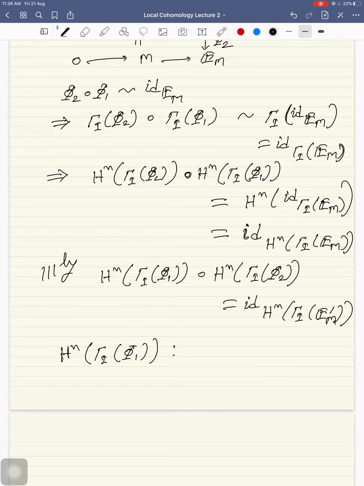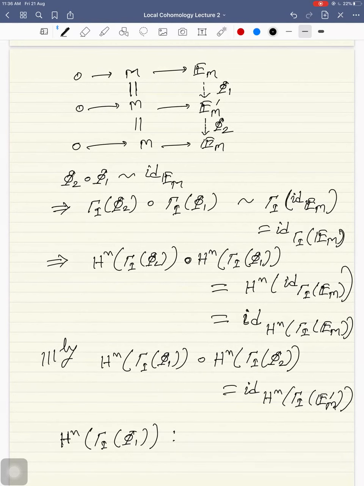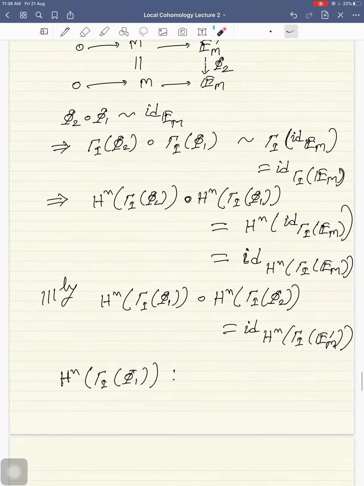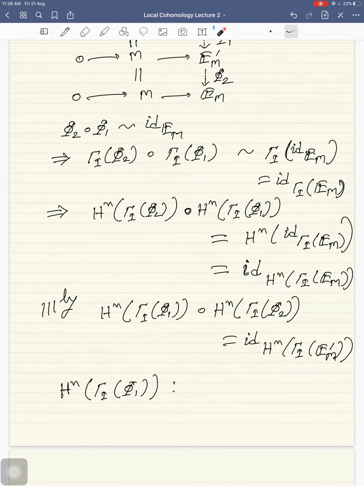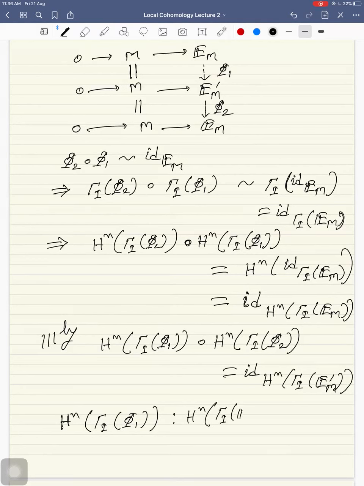Phi1 is just the map here, so you are just considering this portion and applying that. So this is a map from Hn of gamma I of E to Hn of gamma I of E prime.